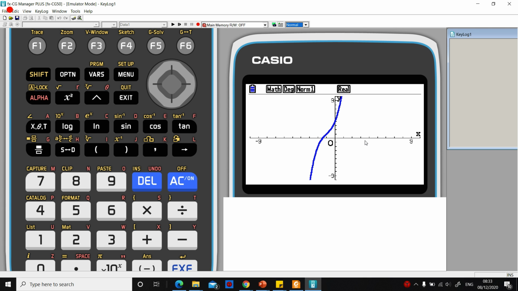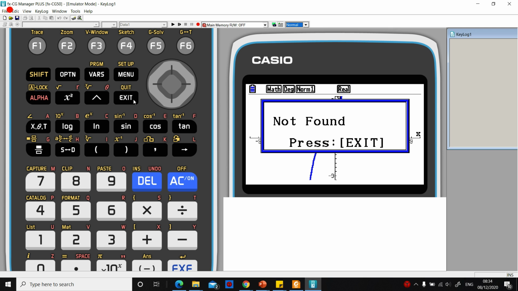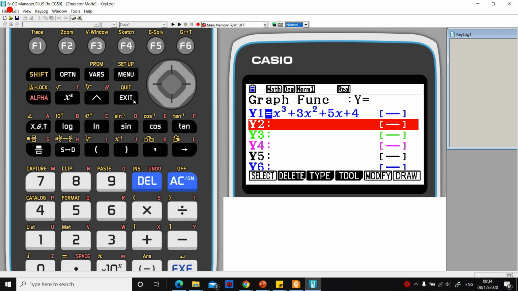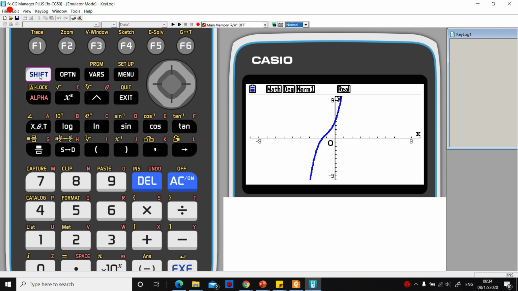You can see here the numbers are okay, and we can plot. This time we can look for the maximum and the minimum. So Shift, G-Solve, maximum is F2. There's no maximum found here, so that's absolutely fine. Let's draw this again and see if there's a minimum point.